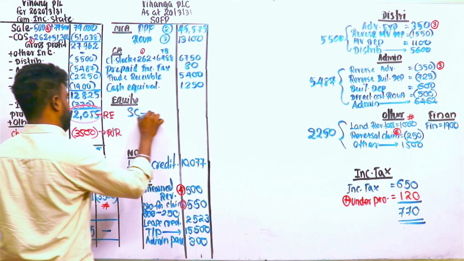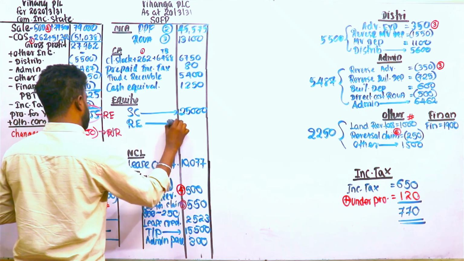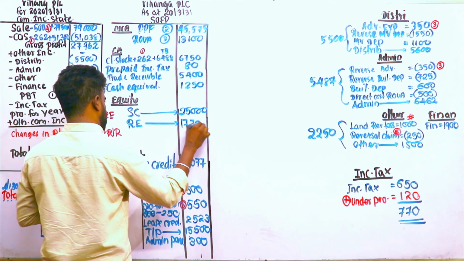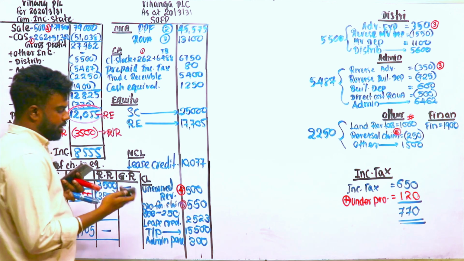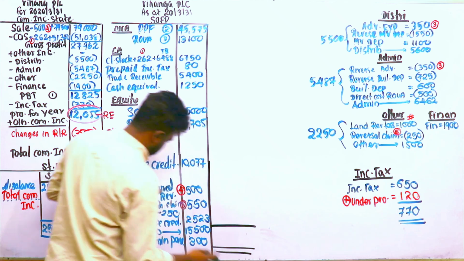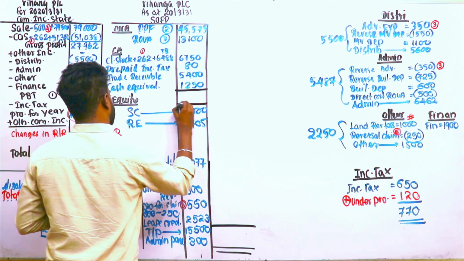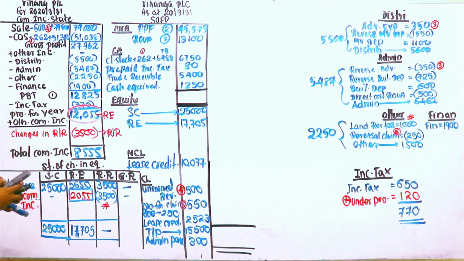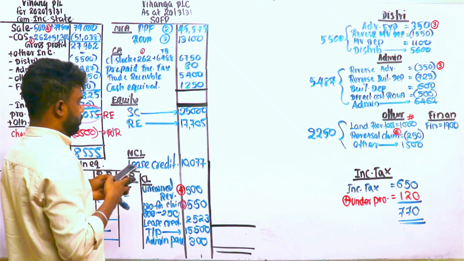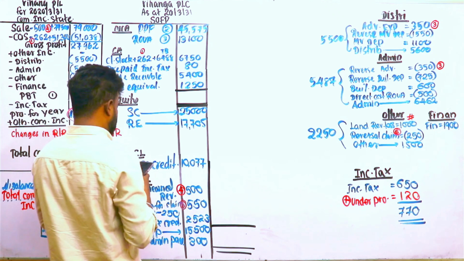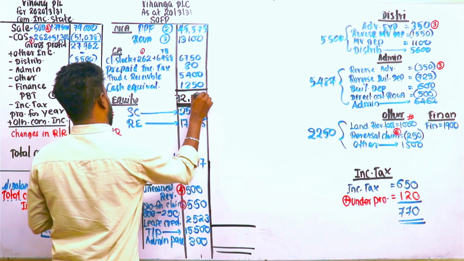Stated capital, retained earnings, right, balanced. I'll record the balance here, 72,155.